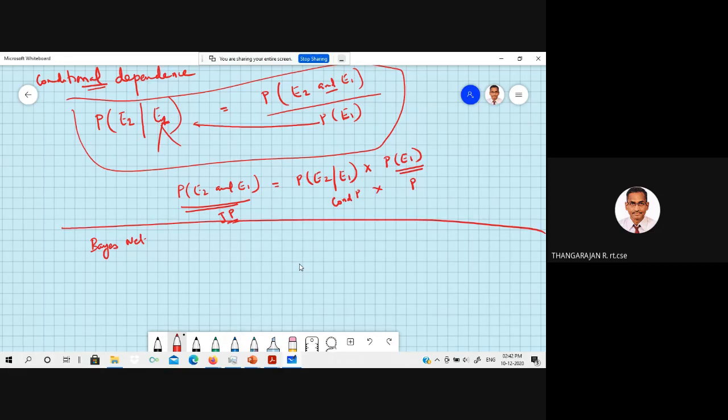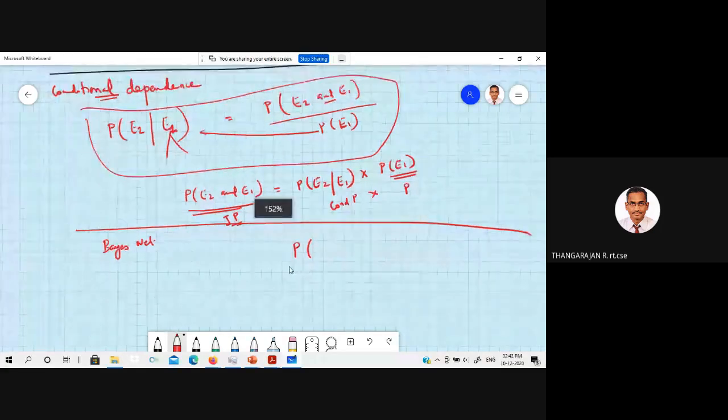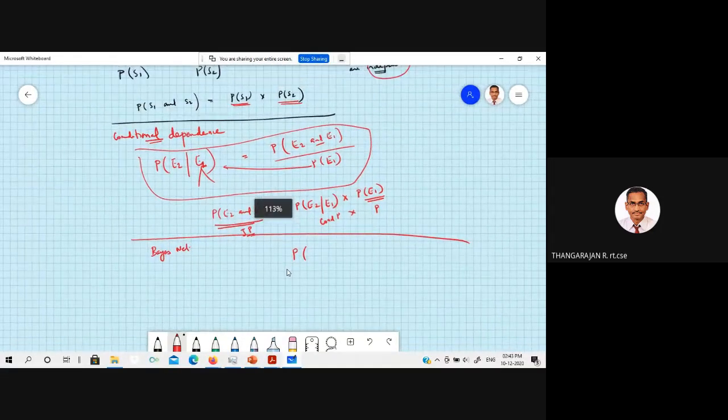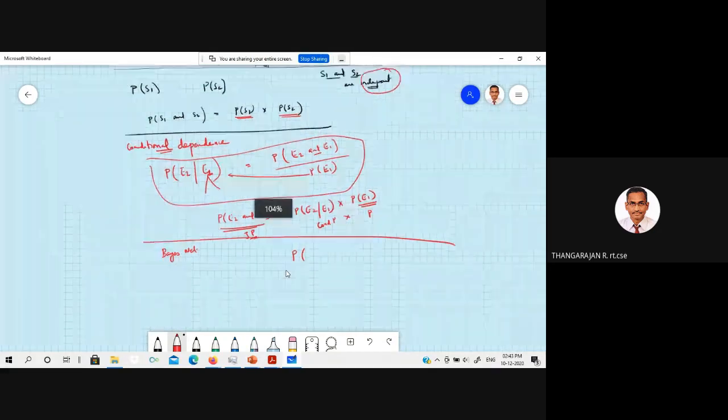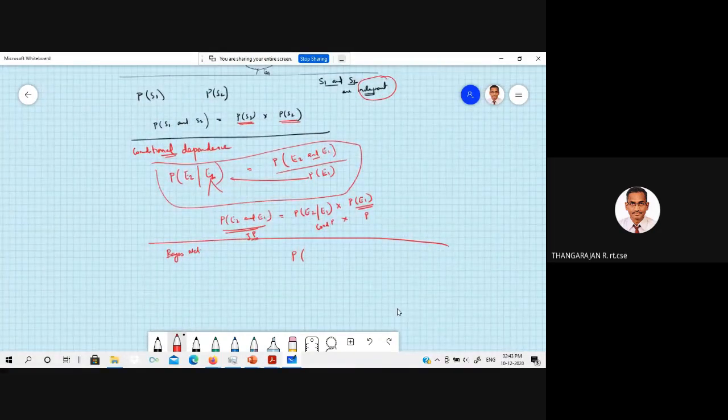And you should also know there's a chain rule for conditional probability. That means, for example, suppose there's an event En that depends upon En minus 1, En minus 2, En minus 3, till E2, E1.